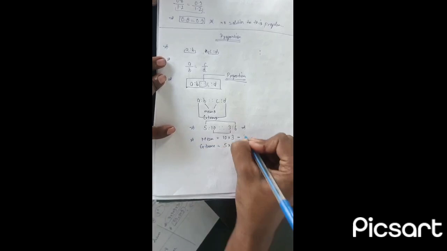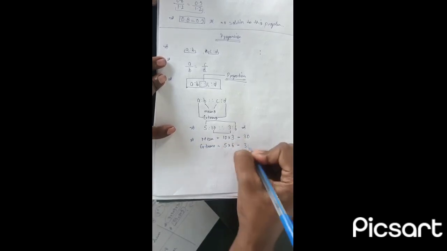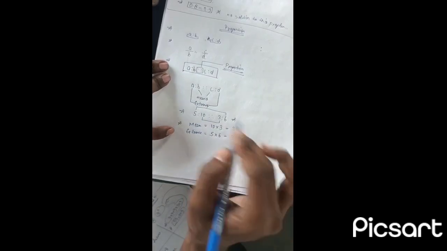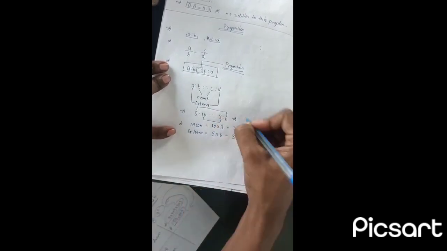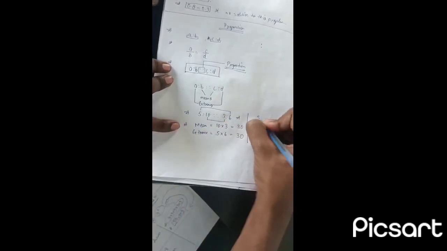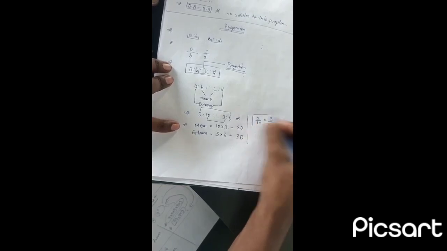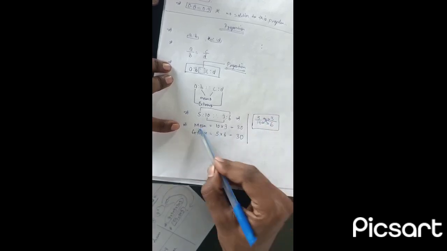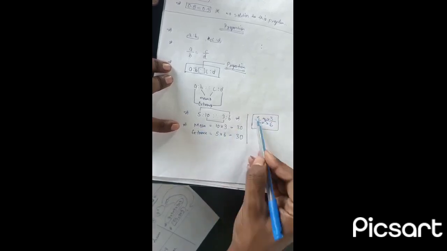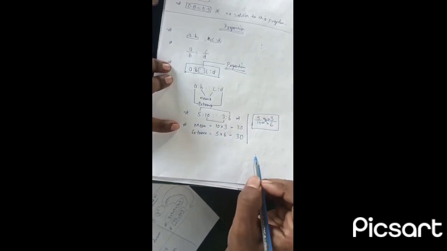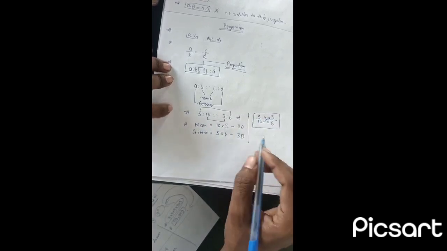You can see 10 threes are 30 and 6 fives are 30. Hence it is proved these two ratios are in proportion. I am showing this also: we write this as 5 upon 10 equals 3 upon 6, and if it is written in this form, we simply cross multiply. That is what I have done: 10 threes are 30 and 6 fives are 30. Is that clear? Okay.